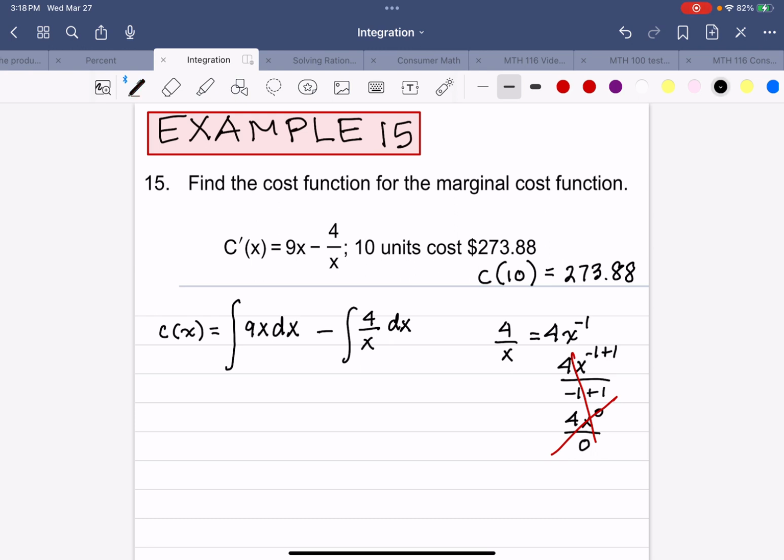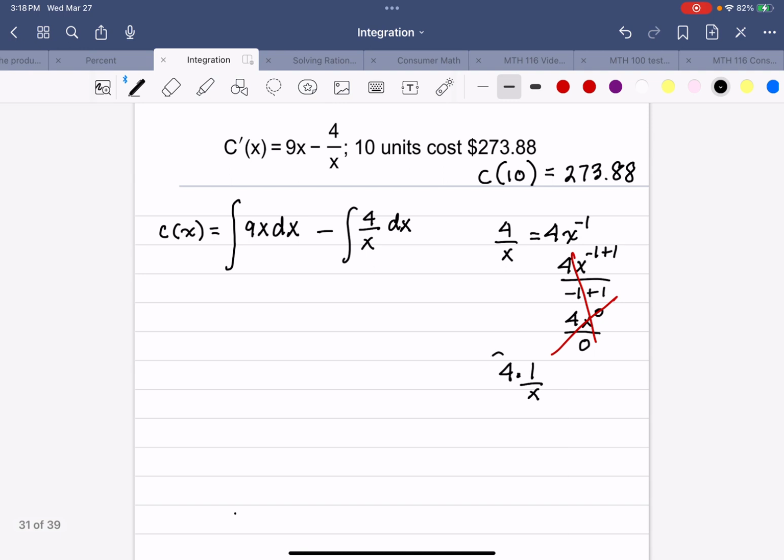We have to remember this is basically 4 times 1 over x, and the integral of that with respect to x would be 4 times the natural log of the absolute value of x plus c. So remember that when you have 1 over x, that is an x base to the first power, you're always going to need to find that as the natural log.